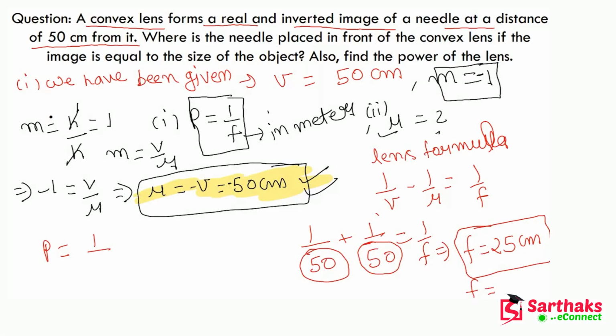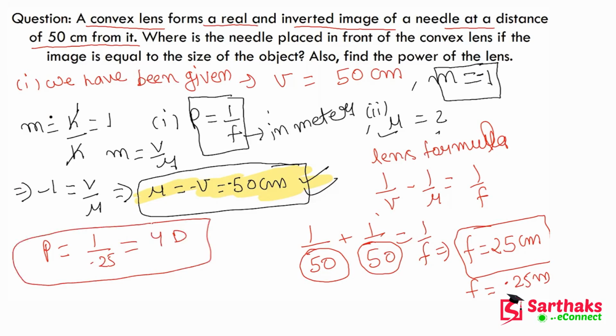Just divide it by 100. So you will get 0.25 meter. So now you have to put 0.25 meter here, and when you solve it, then you will get 4 diopter. The unit of power is diopter. We will learn these later parts. So guys, I hope you got my point. Now let's move on to the next slide.